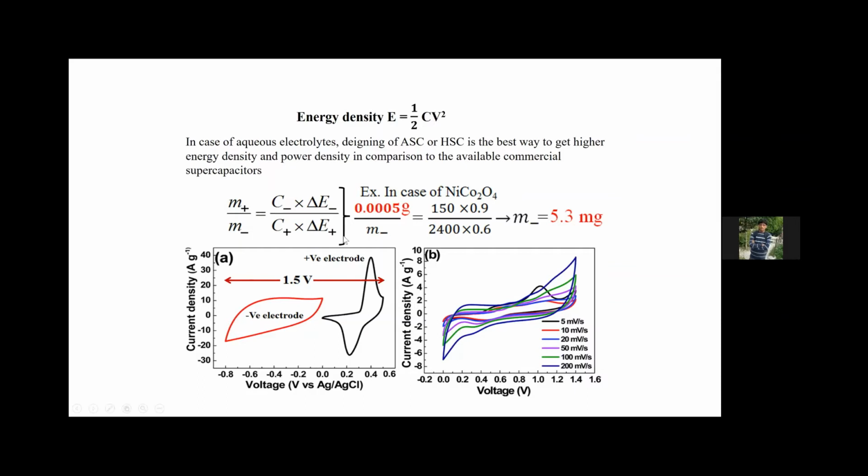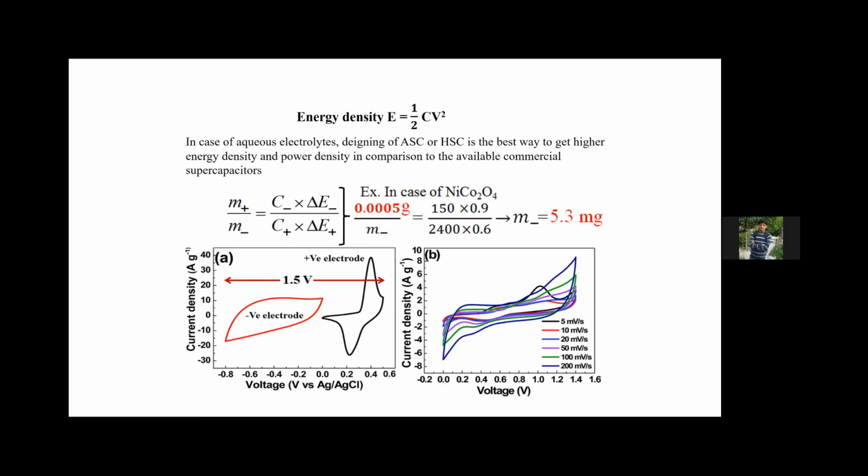This is the formula, as we can see here. Suppose for the negative electrode, its voltage window is 0.8 volt, and for the positive electrode, it is 0.6 volt. So if we make a device, it might achieve around a 1.4 to 1.5 volt voltage window.